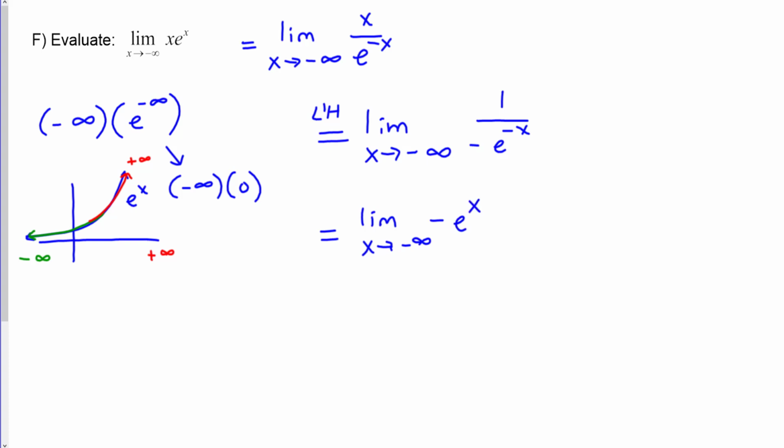I'm just making this a positive exponent now because my algebraic piece is gone. It probably makes more sense to write it this way. So again, e to the x as we go to negative infinity is going to 0. So this now evaluates to 0.